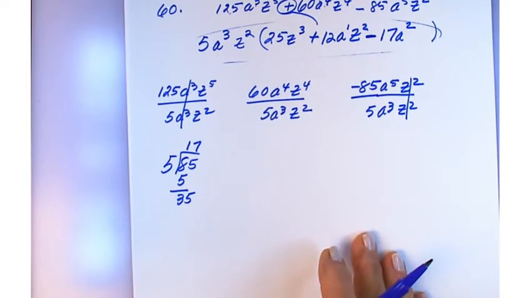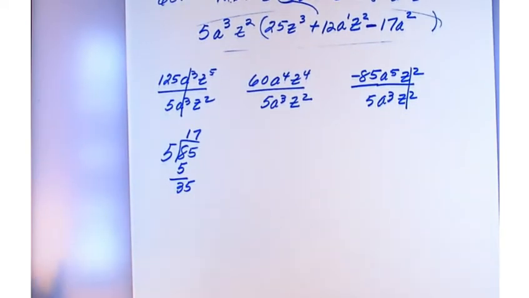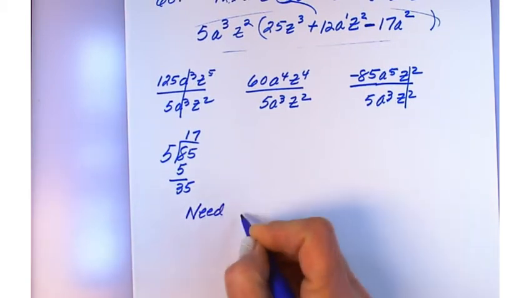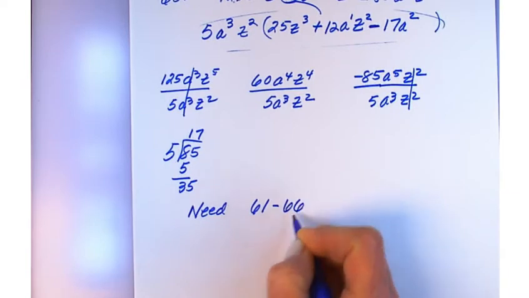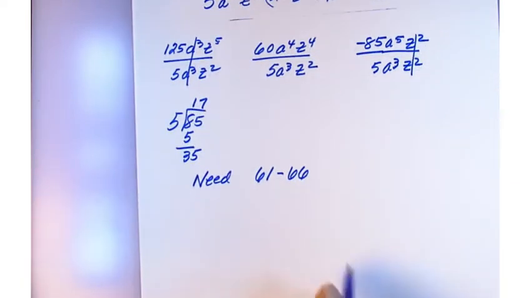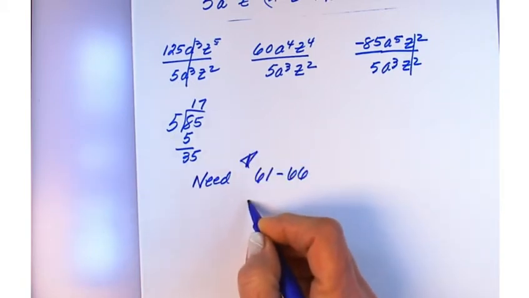So looking at questions, let's see, we needed these questions here, which were 61 through 66. We need these questions, very much so, because it's going to take us into the next category here.